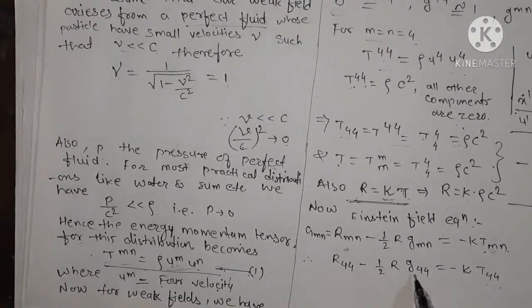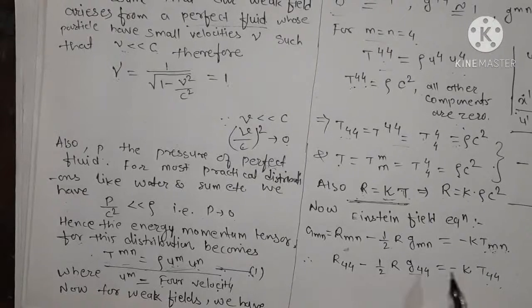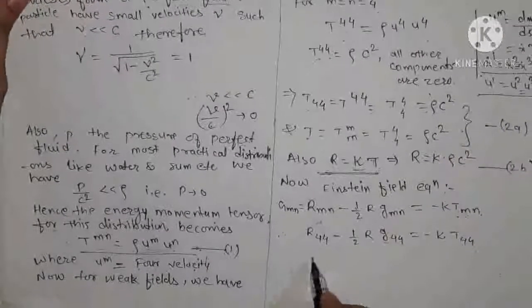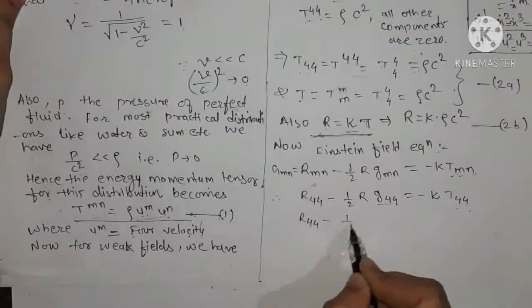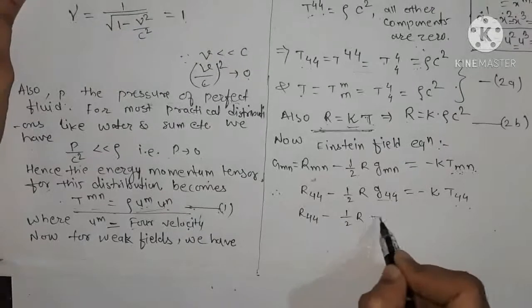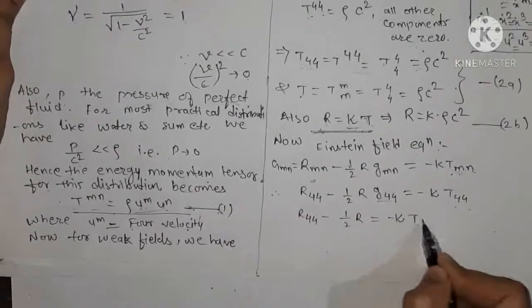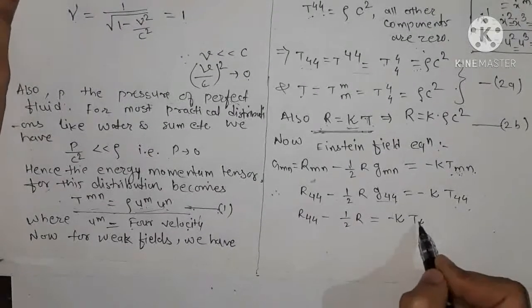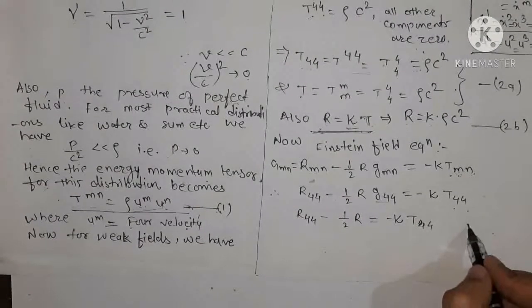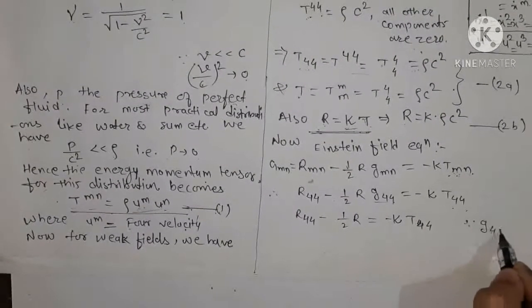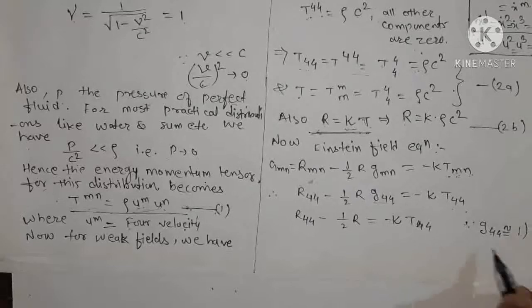Now, for the weak field, we have assumed that G44 is approximated to 1. Therefore, we write this as R44 minus 1 upon 2 R equals minus kappa T44, since G44 is approximated to 1.